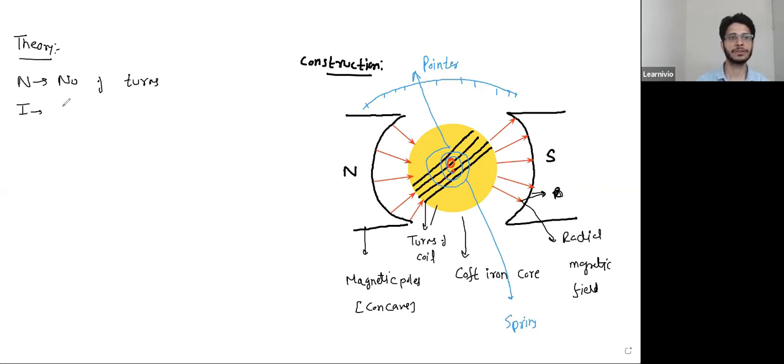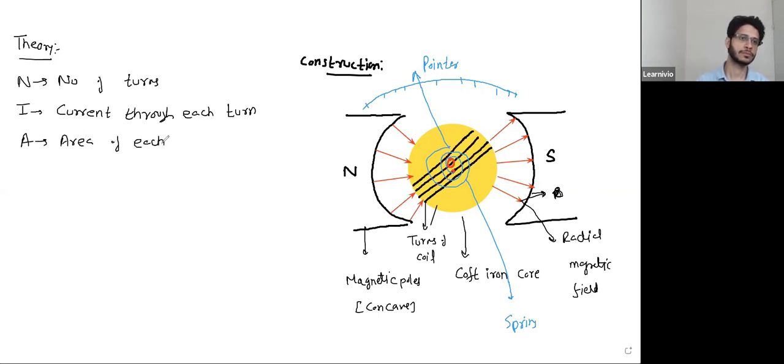I here represents current through each turn. A is the area of each turn. Then B is the strength of the magnetic field.